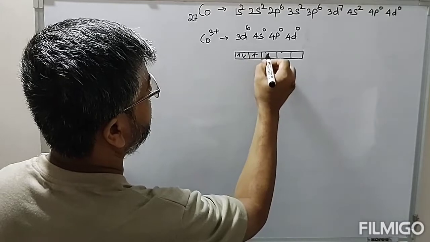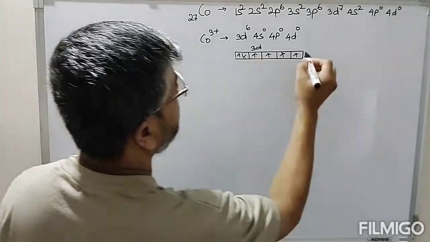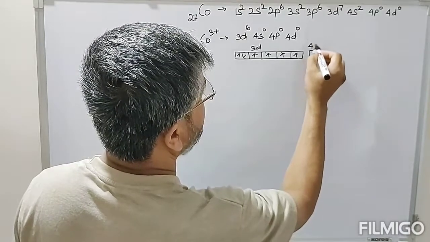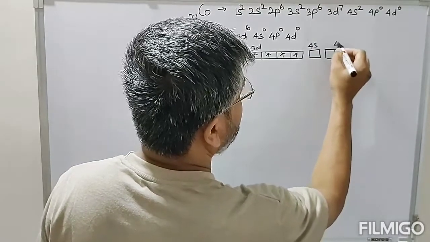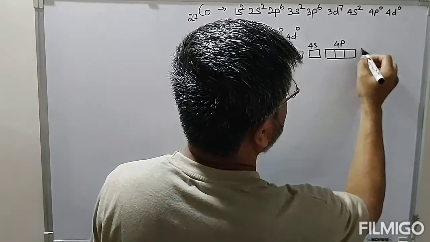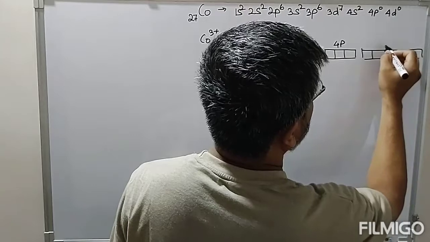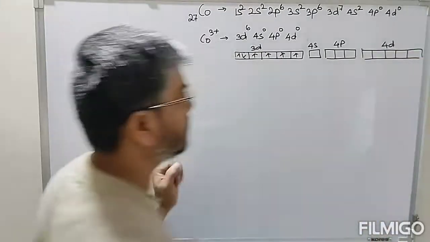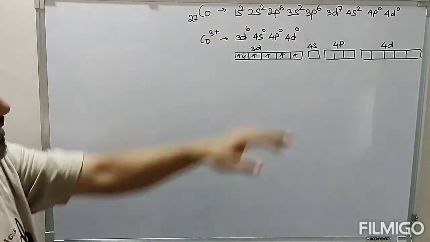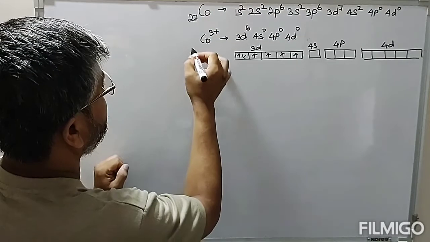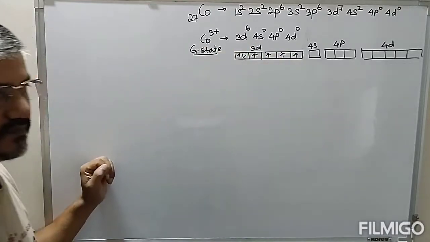Then we have 4s, no electron. Then we have 4p, there is no electron. Then we have 4d, again no electron. So this is the central cobalt plus 3 in the ground state. We have the ground state electronic configuration of cobalt.